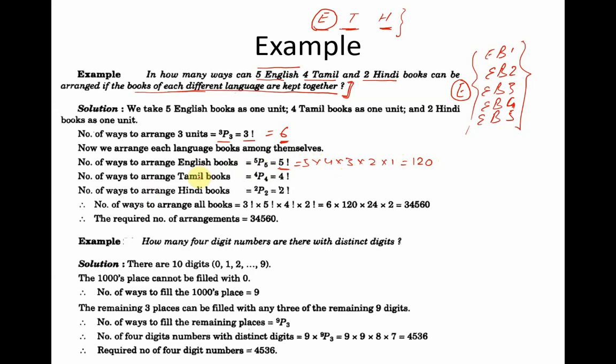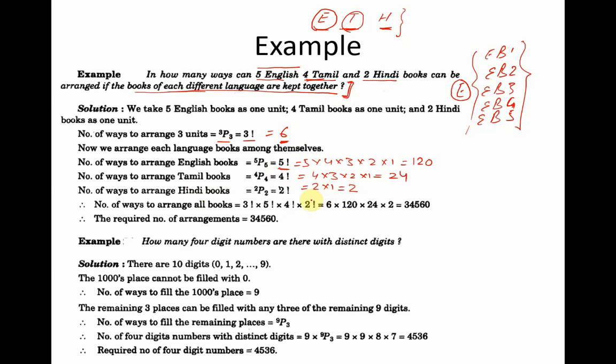The number of ways to arrange the 4 Tamil books within the Tamil book unit is 4 factorial, that is 4 into 3 into 2 into 1, that is equal to 24. The number of ways to arrange the 2 Hindi books within the Hindi book unit is 2 factorial, that is 2 multiplied by 1, that is 2.